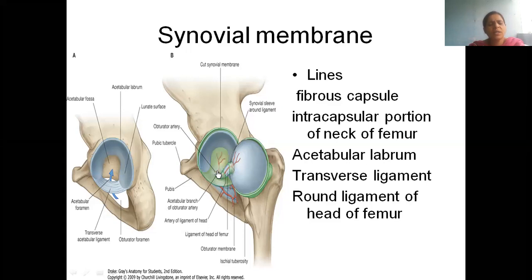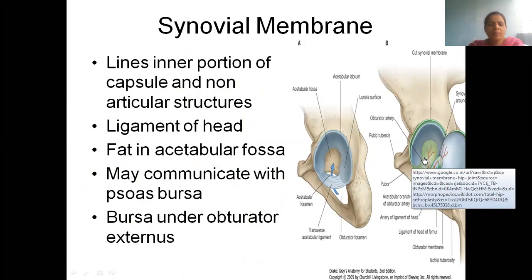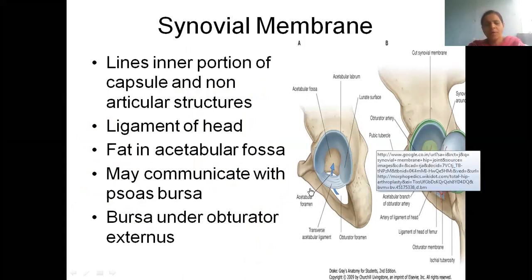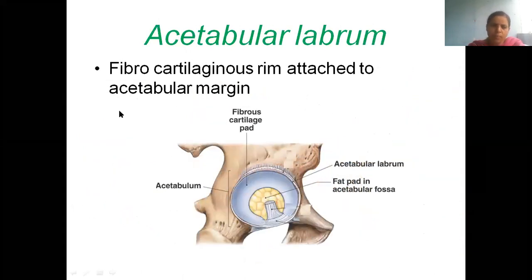If you talk about the ligament of the liver, that is also fine. Then the synovial membrane lines the inner portion. Apart from this, you will see in this fossa a lot of fat is there in the acetabular fossa. Okay, so there will be a bursa also, that is the psoas bursa, in order to give lubrication.